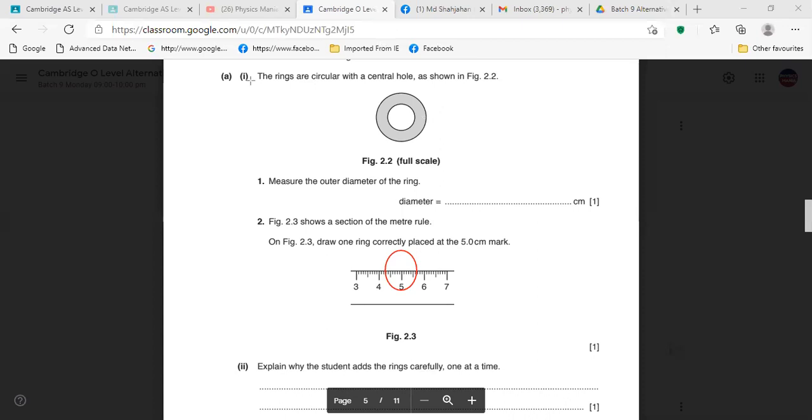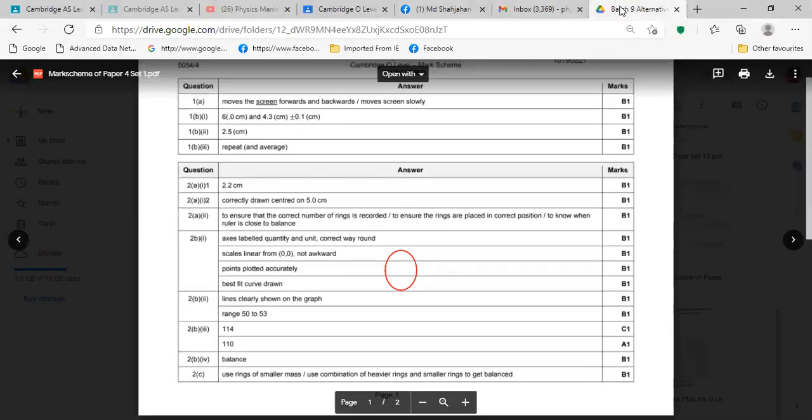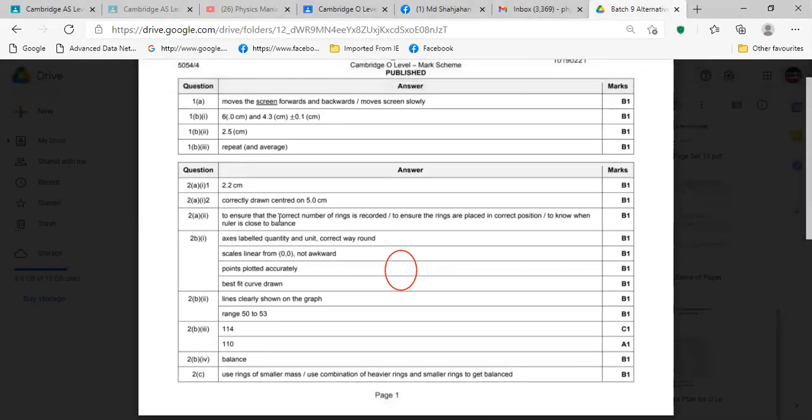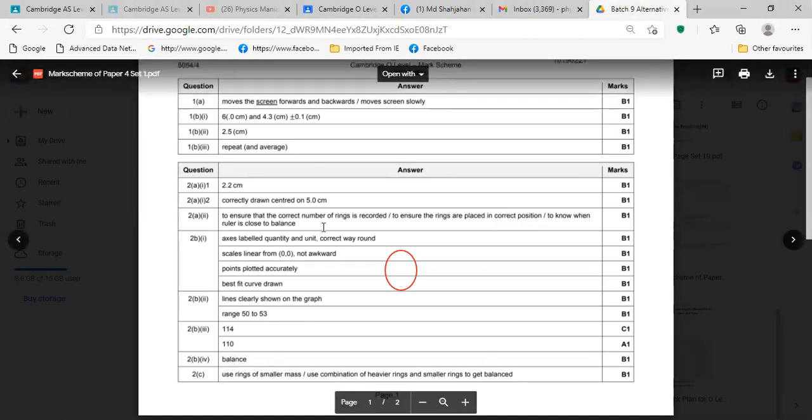You can see here is the mark scheme. To ensure that the correct number of rings is recorded, to ensure the rings are placed in the correct position, to know when the ruler is close to balance.